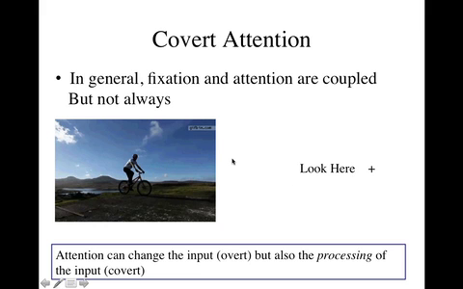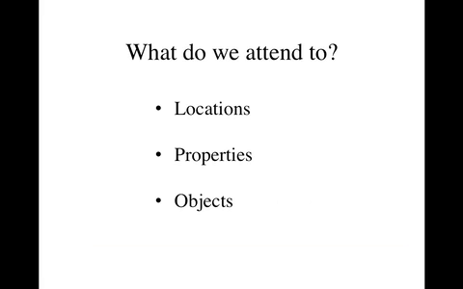And the reason we foveate, as we mentioned, is that you want to bring things into central fixation when you want to pay attention to something, because that's where the highest resolution is. But sometimes you may want to look here and then focus your attention elsewhere. And so even without changing the stimulus, because your eye is staying in the same location, you can change the processing of the stimulus. And that's covert attention, where you're changing processing without doing the overt change in fixation.